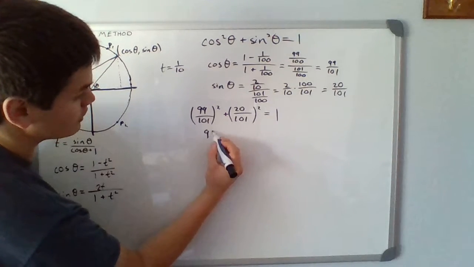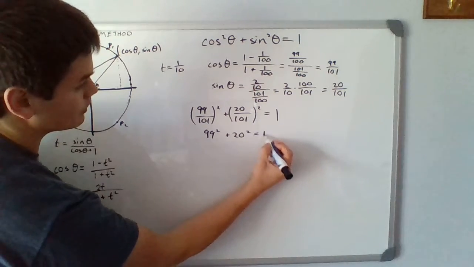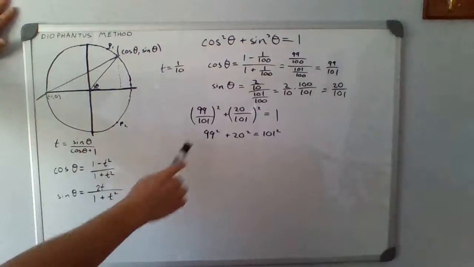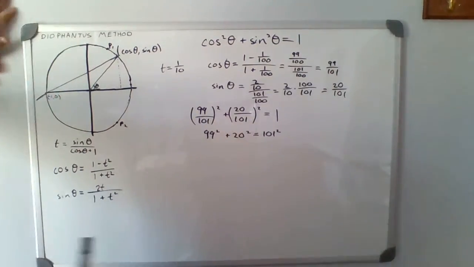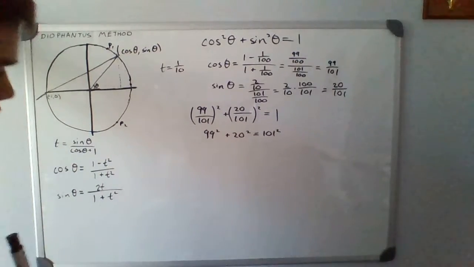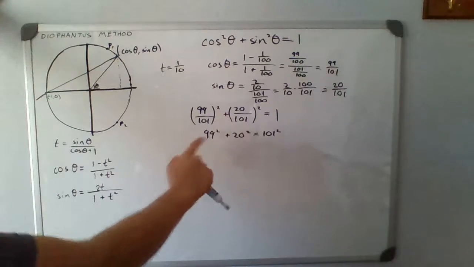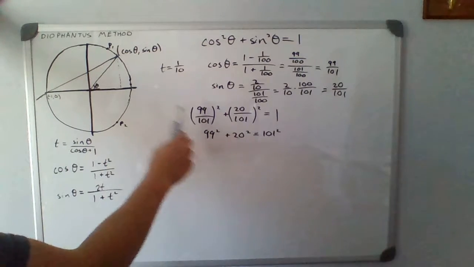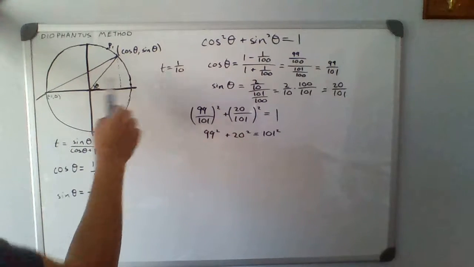In other words, all I need to do is verify that 99 squared plus 20 squared is equal to 101 squared, because I would square the denominators and then multiply 1 times the square of the denominator, which would just give me 101 squared. And this is true. That is a Pythagorean triple, 20, 99, 101. And so this gives me the coordinate points on a circle: 99 divided by 101 and 20 divided by 101.